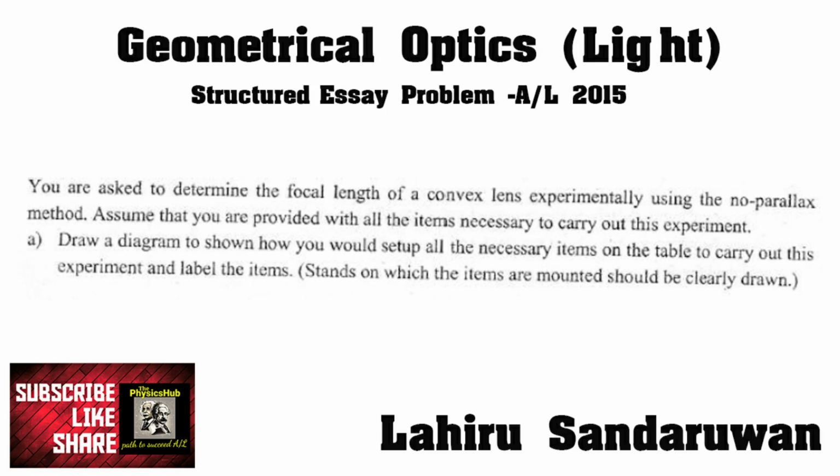Part A. Draw a diagram to show how you would set up all the necessary items on the table to carry out this experiment and label items. The stand on which the items are mounted should be clearly drawn.